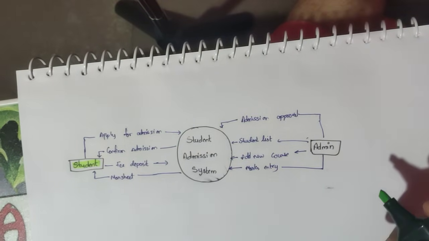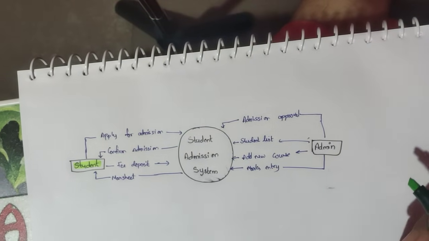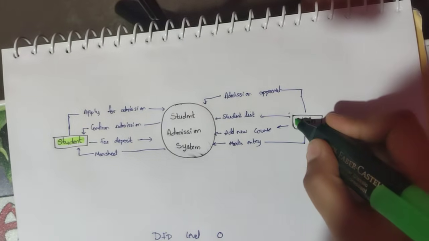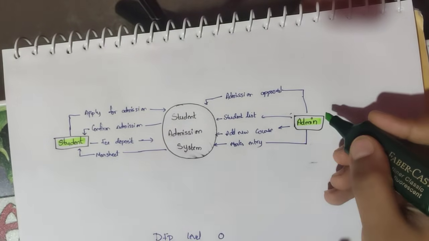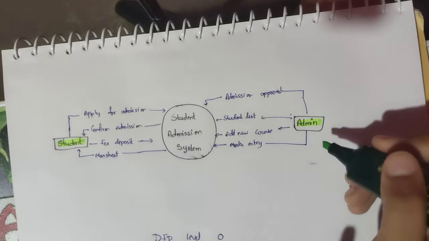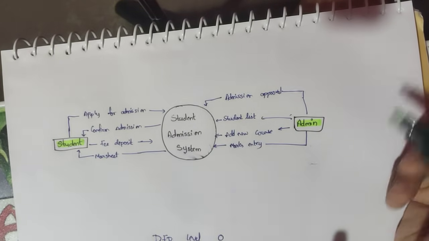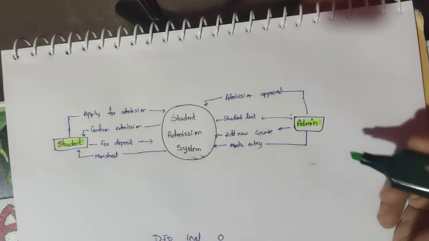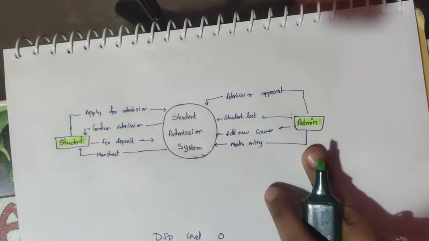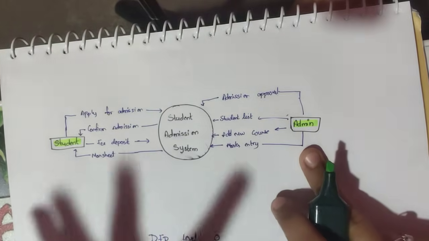The first is the student, the main component who will go to a college and apply for admission. The second is the admin, who will manage the system. If I am the admin, I can add courses, approve admissions, take fee deposits, and manage everything from my side. So these are the two main persons in this whole DFD.